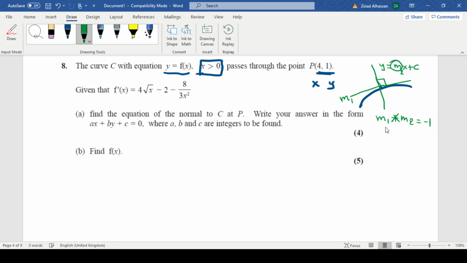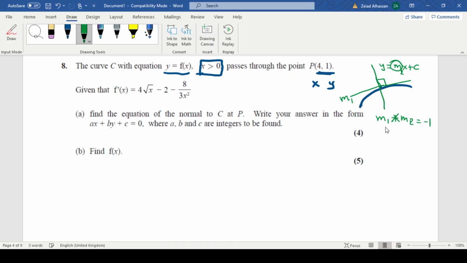That's the gradient m1, so the gradient of the normal: 5 over 6 times m2 equals -1, means m2 equals -1 divided by 5 over 6, that's -6 over 5. The line is y equals -6 over 5 x plus c.